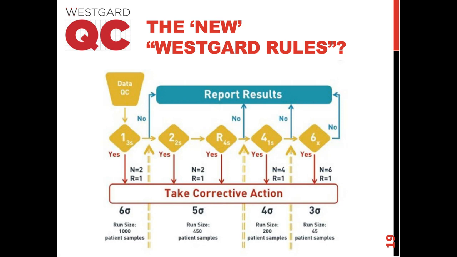And you can see below the traditional Westgard rules flowchart, you see the Six Sigma, and then the 5 Sigma, and the 4 Sigma, and the 3 Sigma, and that's actually carving up the Westgard rules into different sections. And if you do Six Sigma, then you only have to do one Westgard rule, and we'll discuss how many rules are necessary based on the different Sigma categories.